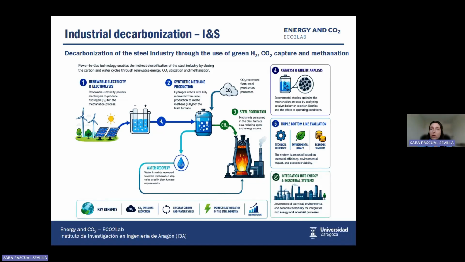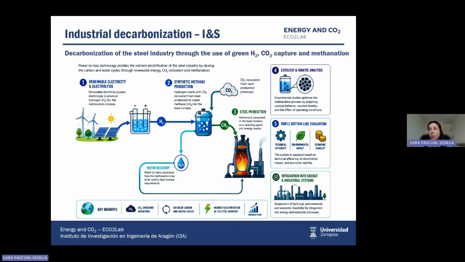First, I'm going to talk about projects related to steel production. The first one is one of the most relevant projects that analyze the steel industry and decarbonisation, exploring innovative power-to-gas based concepts to enable the indirect electrification of this sector and reduce the carbon footprint.